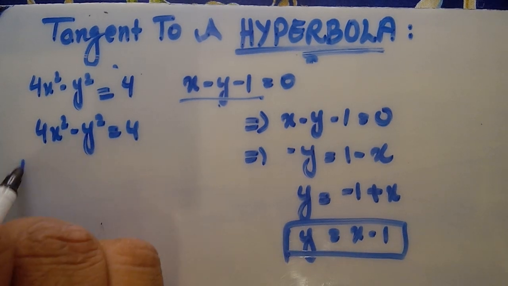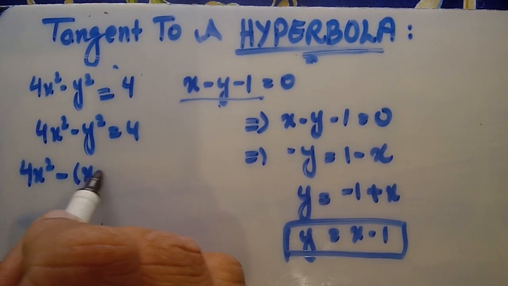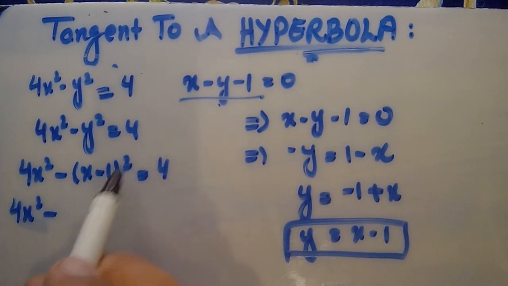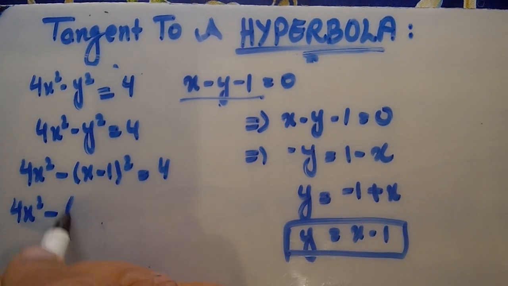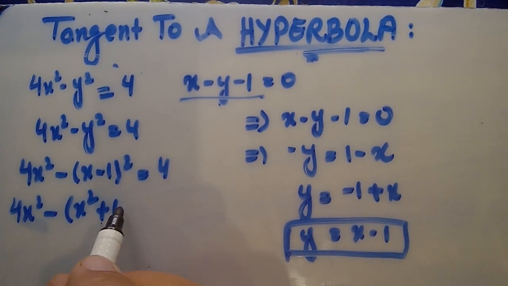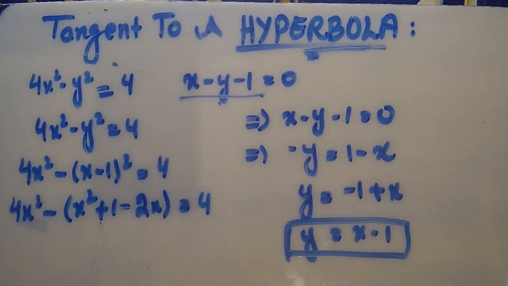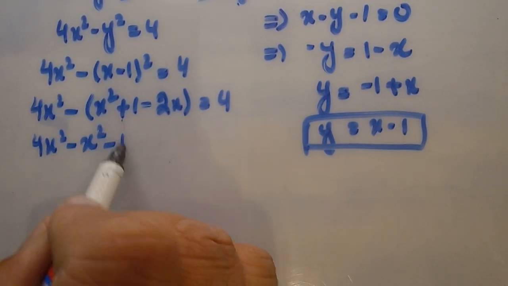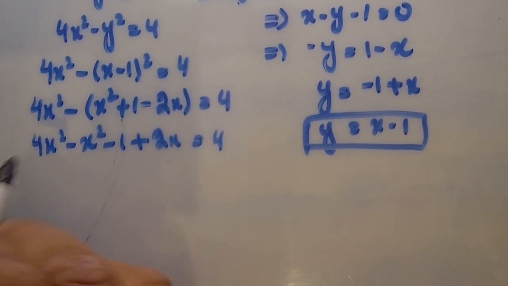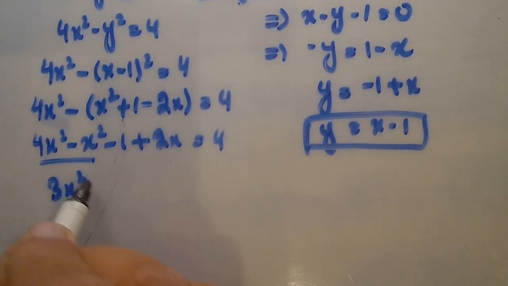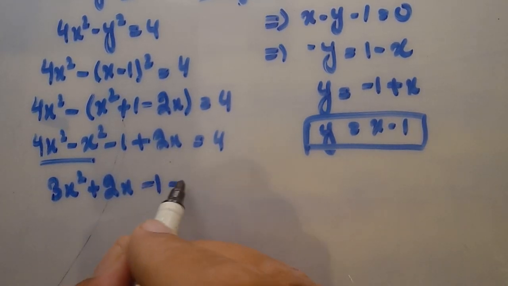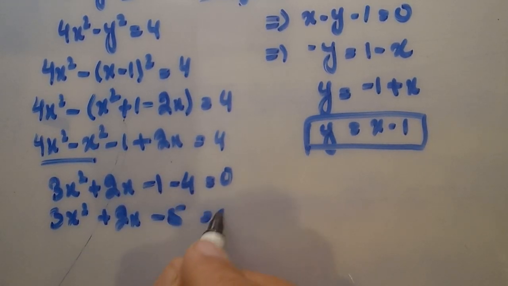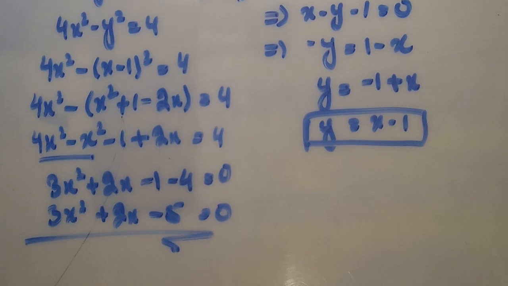Now putting this value in the equation, 4x square minus (x minus 1) square is equal to 4. (x minus 1) whole square means (a minus b) whole square, this will become a square plus b square minus 2ab. So this becomes 4x square minus x square minus 1 plus 2x is equal to 4. 4x square minus x square is 3x square, plus 2x minus 1 minus 4 equal to 0. 3x square plus 2x minus 5 is equal to 0. This will become a quadratic equation in x.